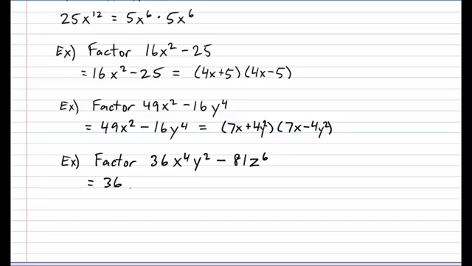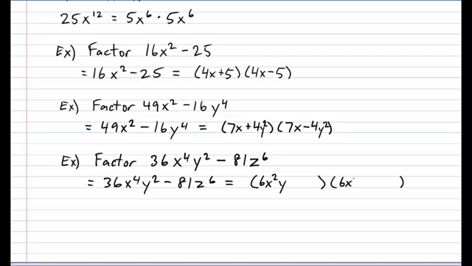36x to the 4 y squared minus 81z to the 6 can be factored into, and again I like to put my brackets first. Now let's fill in the brackets. The square root of 36x to the 4 y to the 2 is 6x squared y.